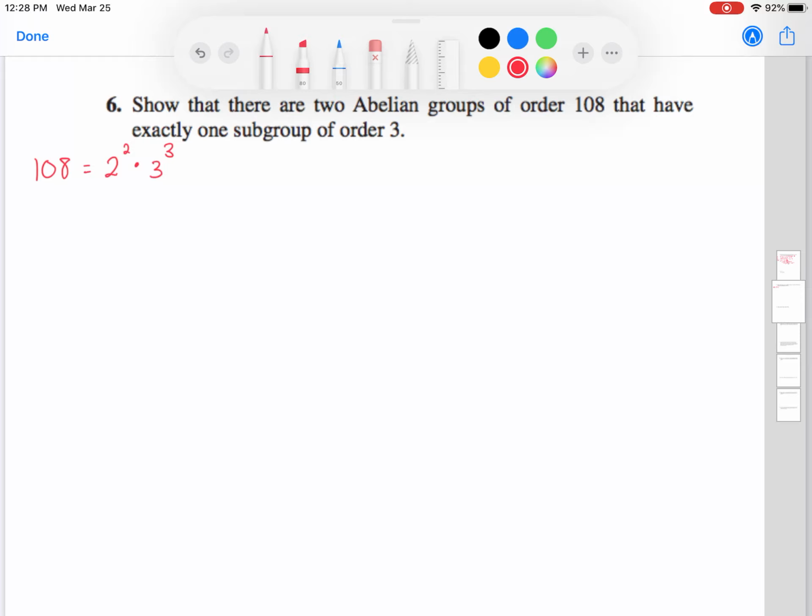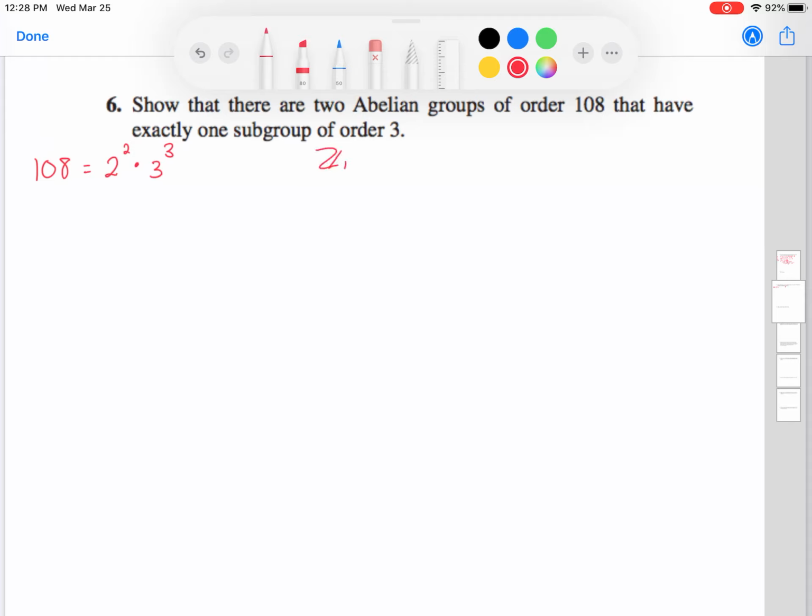So we know that we can write groups as external direct products if those 2 groups, like if we're using Z, for example, if our n's are relatively prime.